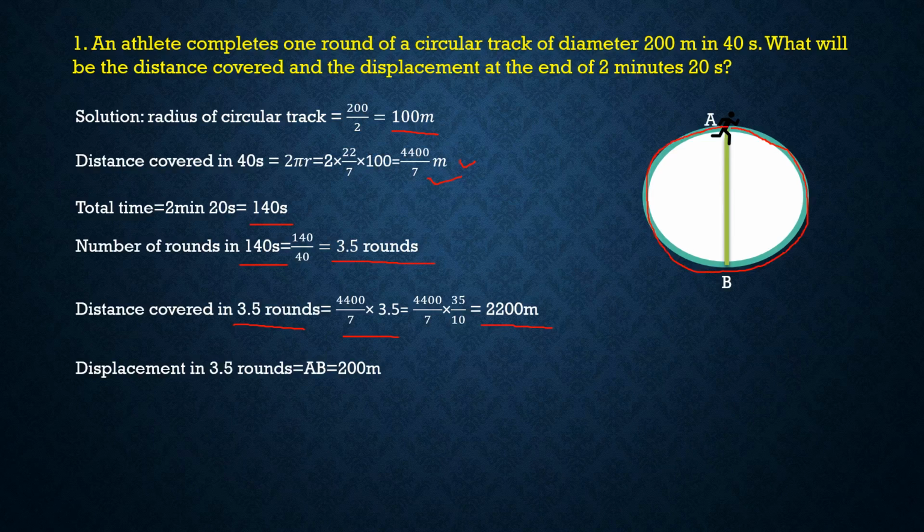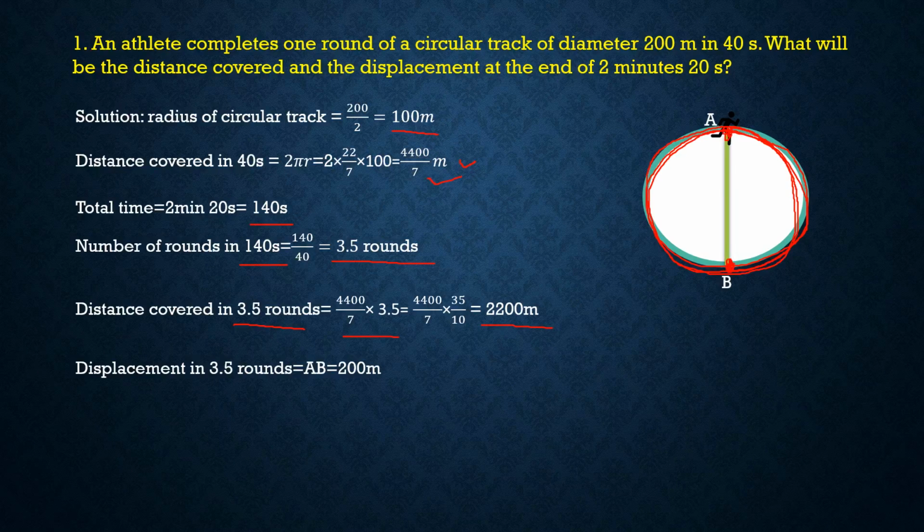One round, then two round, three round, and half round. After 3.5 round, the athlete will be at point B. So initial position is at point A and final position is at point B.